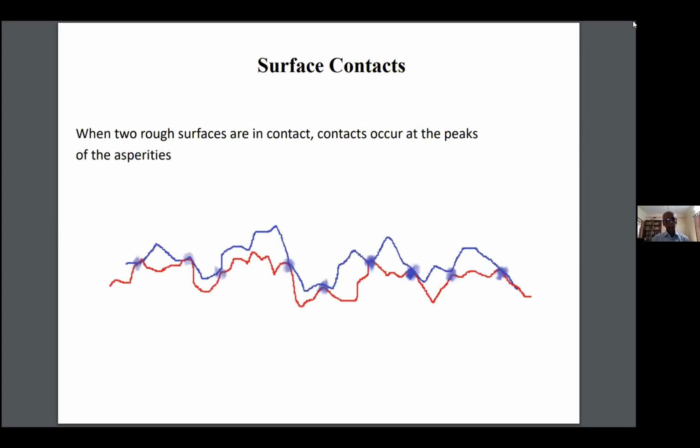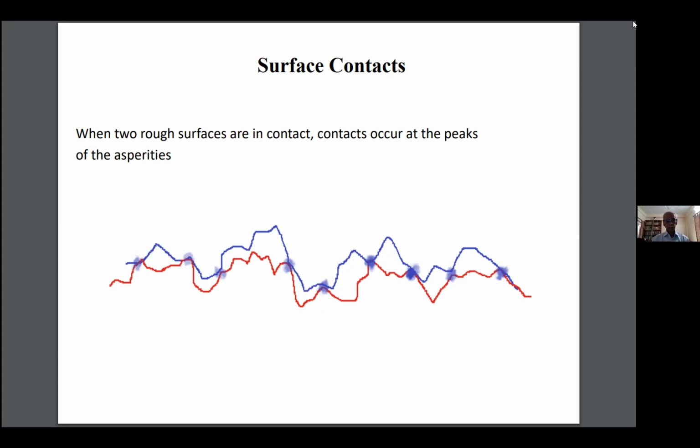Okay, so this picture we have seen many times, but it is important to understand that when two rough surfaces are in contact, the contact occurs only at the peaks of the asperities, only at a few points. Deformation doesn't occur on all the points. Deformation first occurs at the peaks of the asperities, and then gradually it comes down to the bulk.